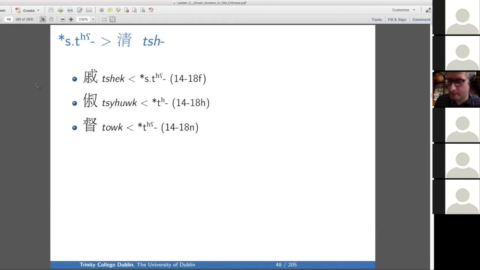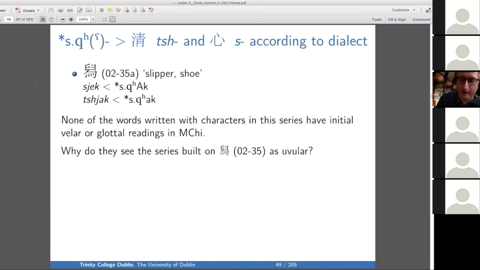So that's another sound change, and then onto this one, which I think I've mentioned already, that SQH changes to sa or tsa depending on dialect.